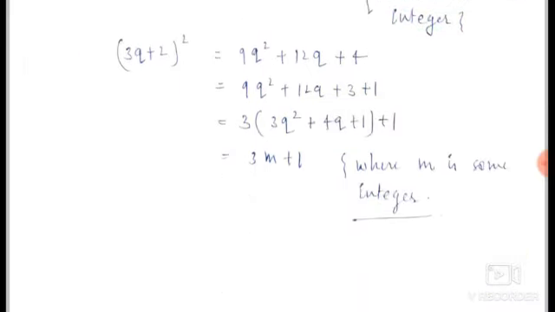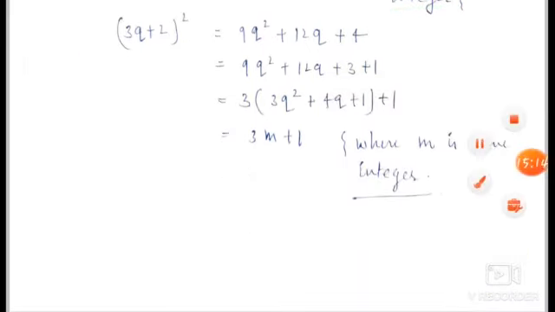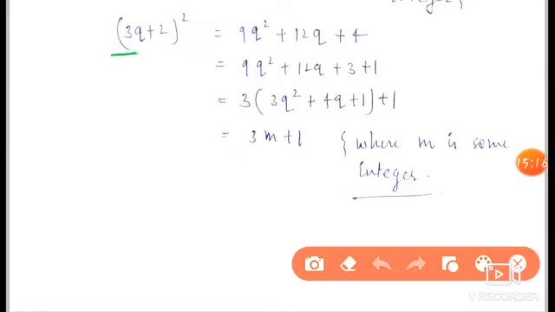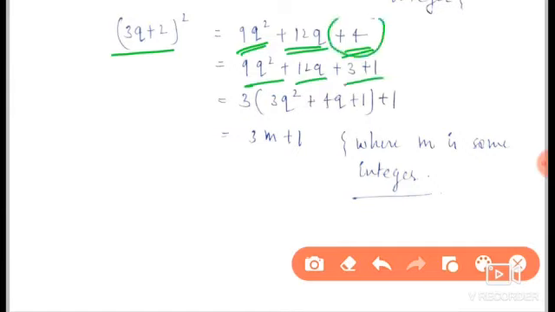Again, the third case is 3q plus 2 whole square. Again we will use a plus b whole square. So 9q squared plus 12q plus 4, which means a square plus 2ab plus b square. 9q squared plus 12q plus 4, we can write 3 plus 1.